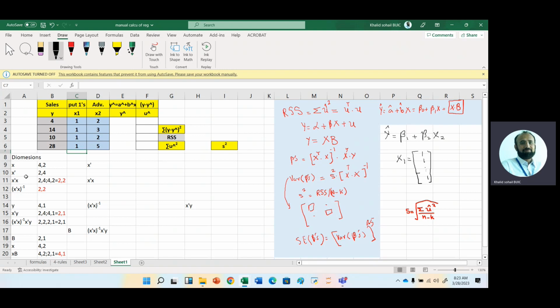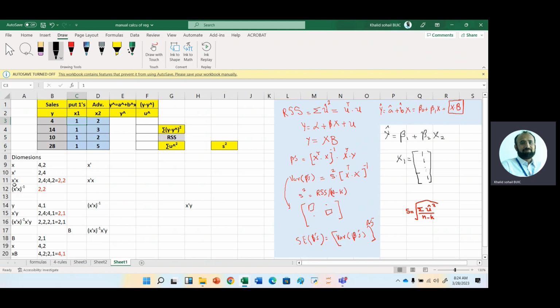Now let's start here. First we will get the X matrix. Now the X is 4 by 2. This is 1, 1, 1, 1 and 2, 3, 4, 5. The dimension is 4 by 2 because we have 4 rows and 2 columns. If we take its transpose, rows become columns and columns become rows. So the transpose of X is 2 by 4.